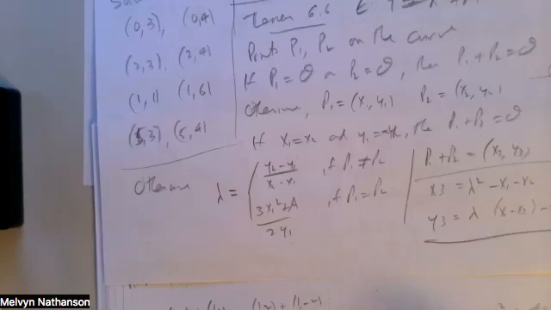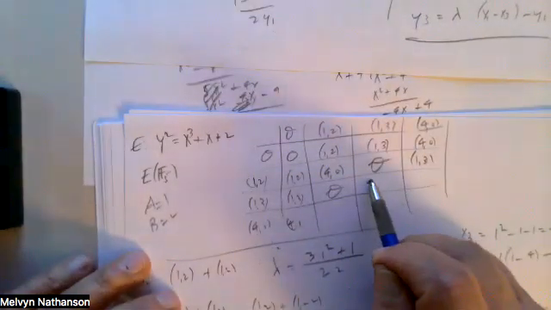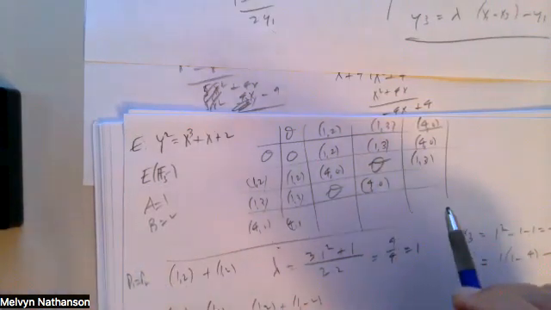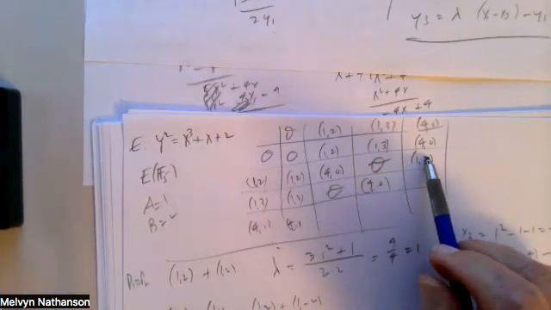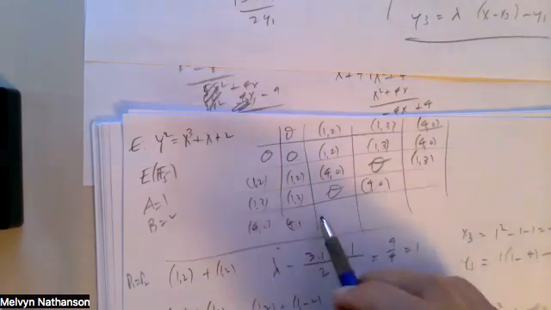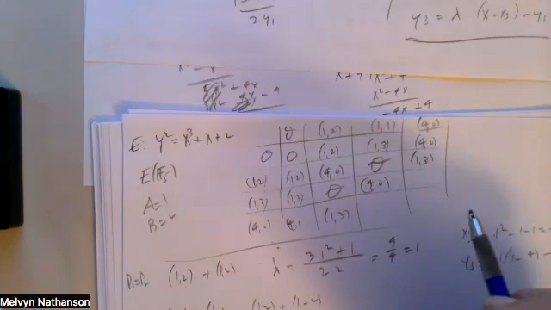That's 4 times (1 minus 4), which is minus 12, minus 3 is minus 15, which is 0 mod 5. So (1, 3) plus (1, 3) is (4, 0). So (1, 2) plus (4, 0) is also (1, 3).